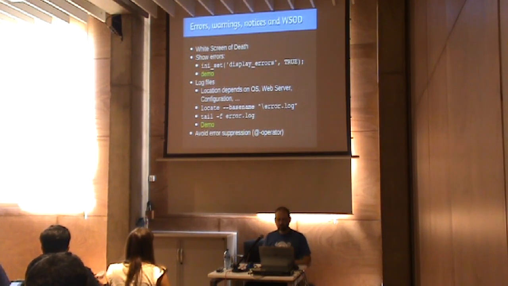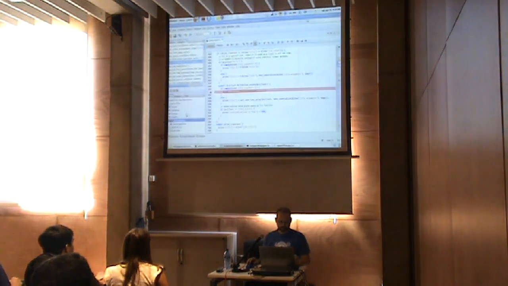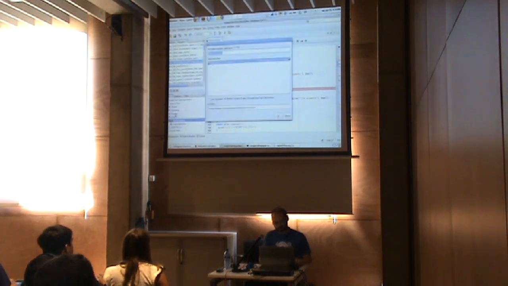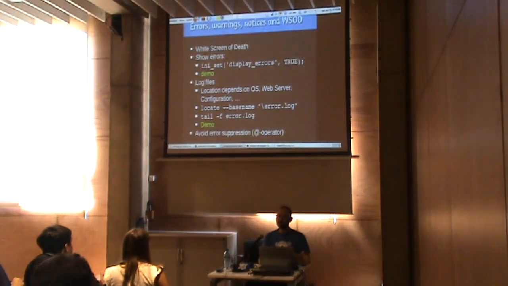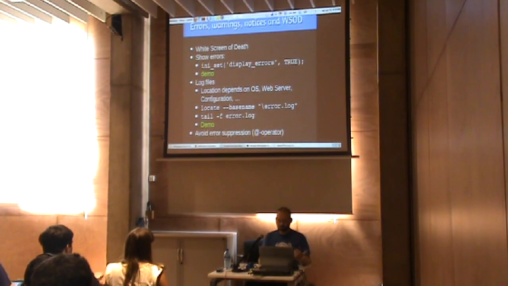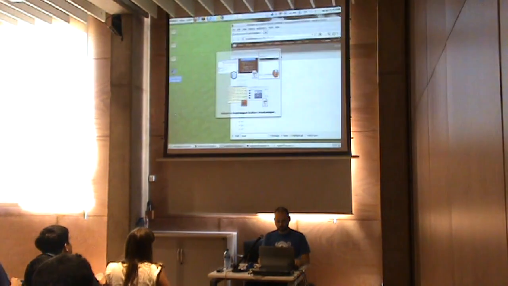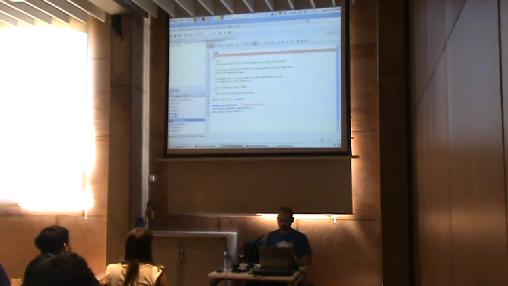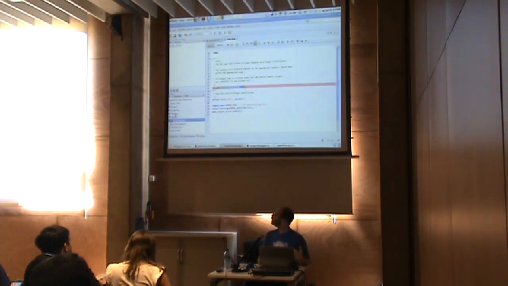You can actually tell PHP to just output the errors straight to screen, and the only thing you need to do for that is you go to index.php, which the large majority of Drupal requests run through, and you just say ini_set display_errors true. So what this is going to do is tell PHP to, when you get an error, just output it to screen.